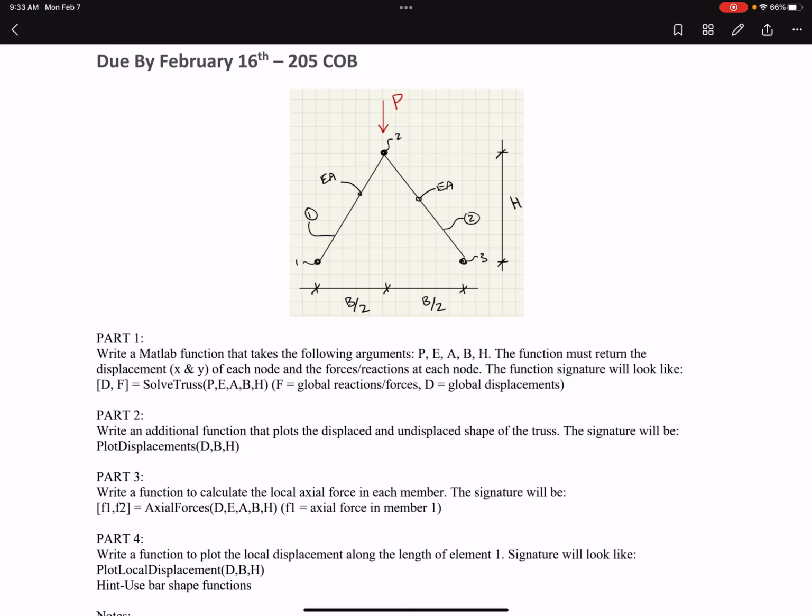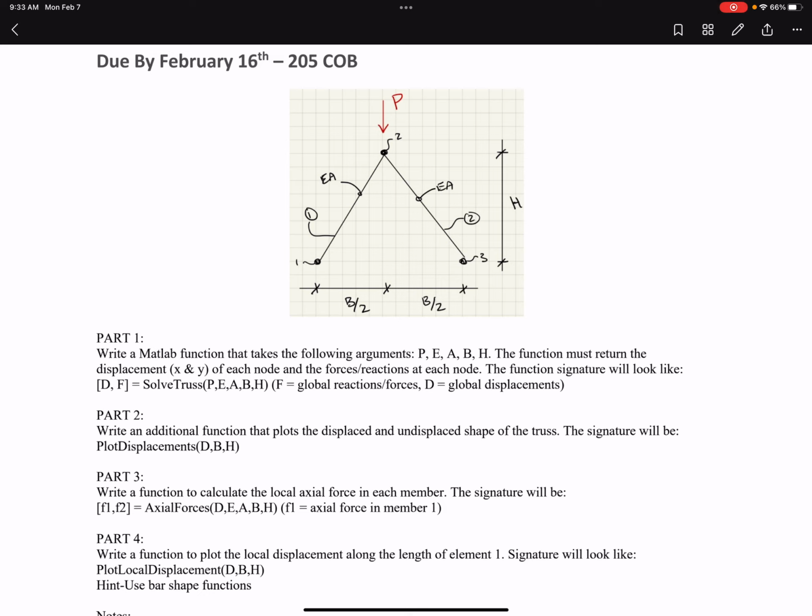So essentially, Mike's going to talk about it. Hopefully today he'll get to functions. He's got to eat up our time, but essentially 4 functions, which are really just scripts or sections of code that allow you to input in MATLAB known values, right, variables, and it will give you out predetermined outputs, right? In this case, I want you to put in the applied load, the material properties, cross-sectional area, and the geometric setup of this truss, right?